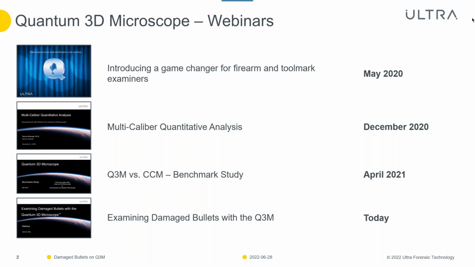But in this fourth webinar, we are looking at how to acquire and compare damaged bullets using quantum 3D microscope. Understandably, the ability to examine damaged, deformed, and fragmented bullets can be important for casework, and so it is as well when we're using 3D microscopy.